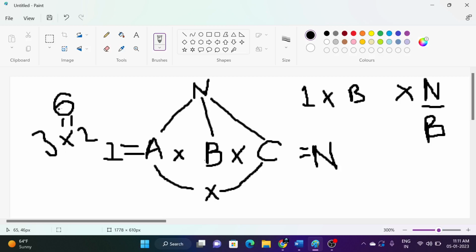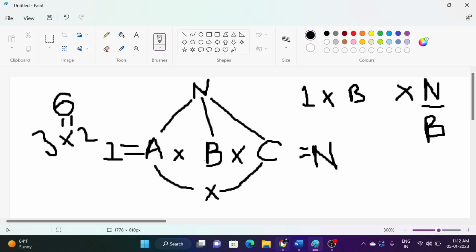And 2 is 6 divided by 3, or 3 is 6 divided by 2. So if we find one factor, the other factor is right around the corner, which is the quotient. So n by b is also a factor of n. So 1 into n by b is also a factor of n. Hence the second condition is also satisfied.